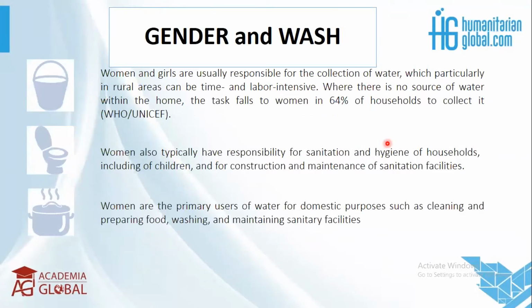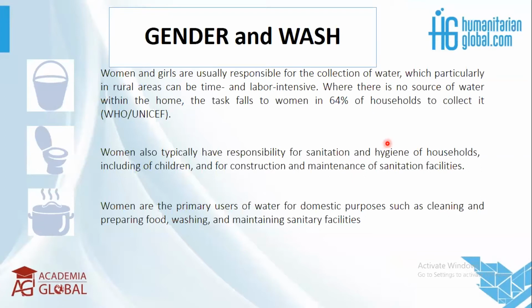As I said before, we look at the different groups. So let's look at gender. How does gender link to WASH? As we said when defining gender, it's a social construct about the responsibilities and roles that our society assigns to different groups, to men and women.